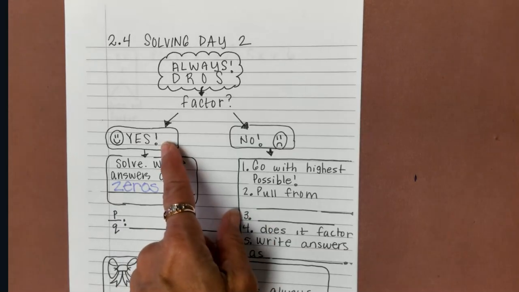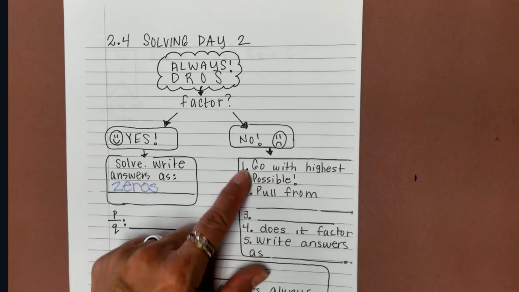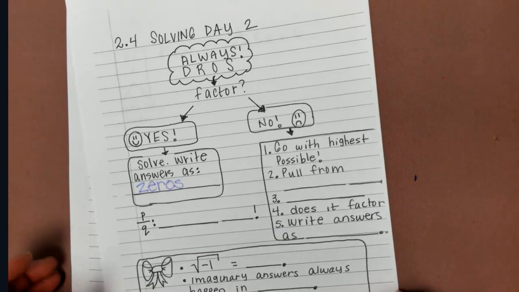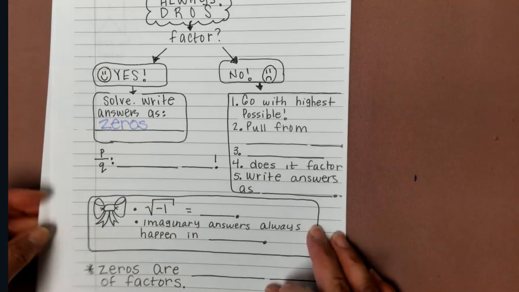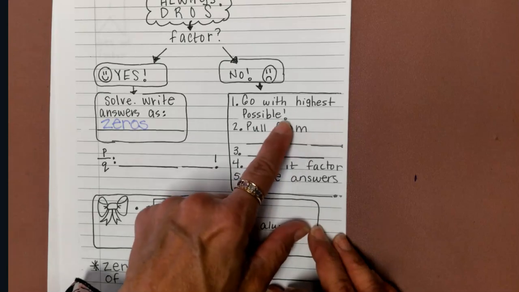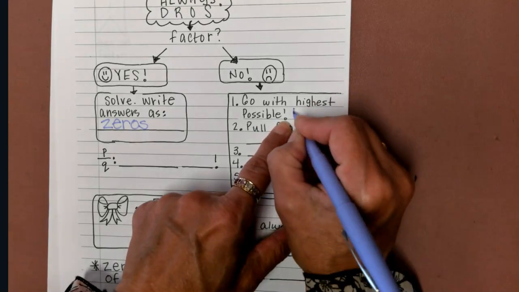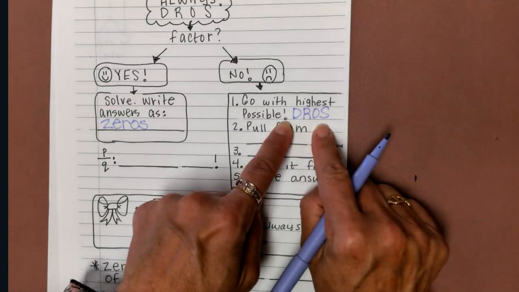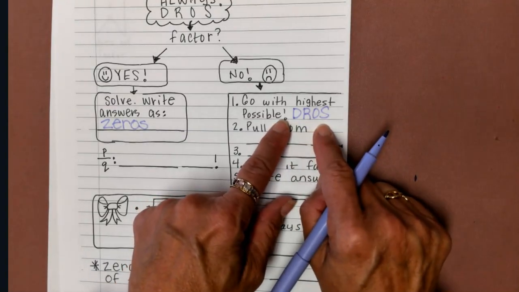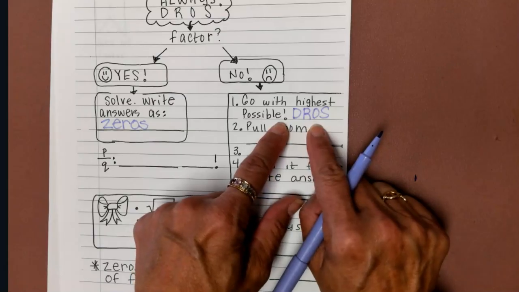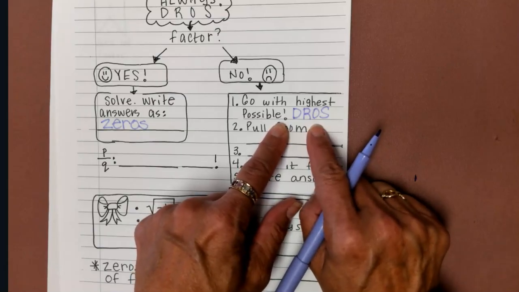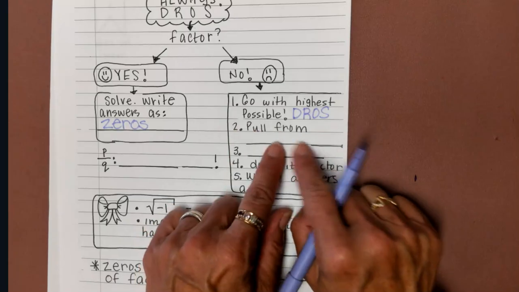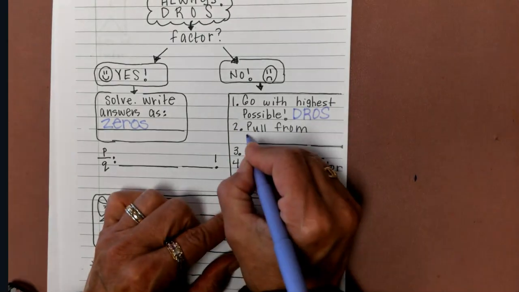Move on with your life. That's if it's factorable. If it's not factorable, then remember, it's a game of chance. So you got to go with the highest possibility, and the way you're going to find the highest possibility is from the Descartes rule of signs. So are you going to have the highest positives or the highest negatives? You'd have to analyze that. Then you pull from your answer bank.